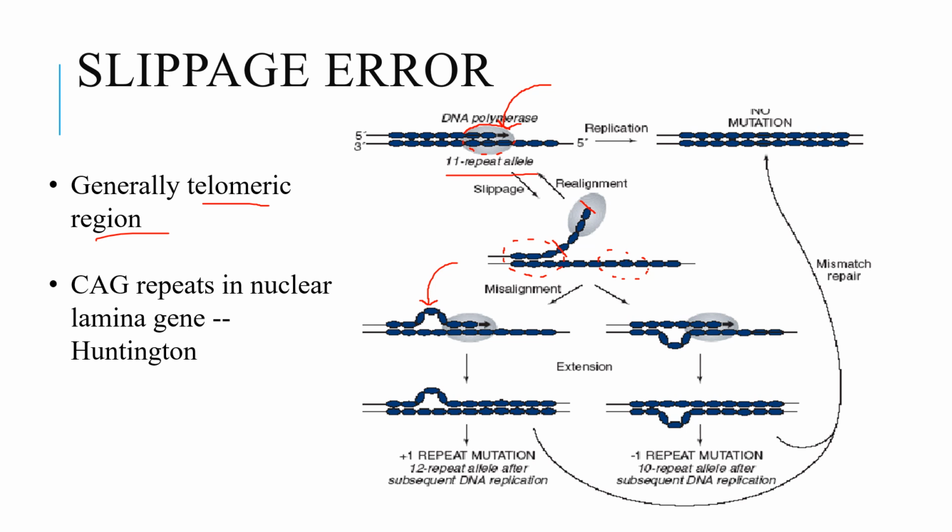So you can see here the extra piece of DNA is present, and this extra piece of DNA will convert into a loop. But if the loop is in the telomeric region, there is no problem. It will not affect the functioning of the protein, it will not affect any other thing.